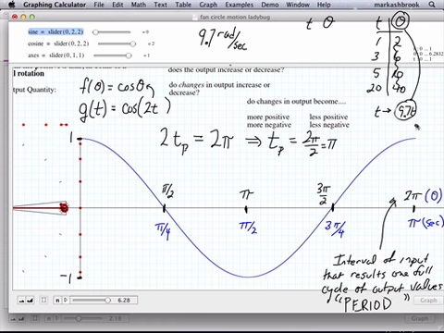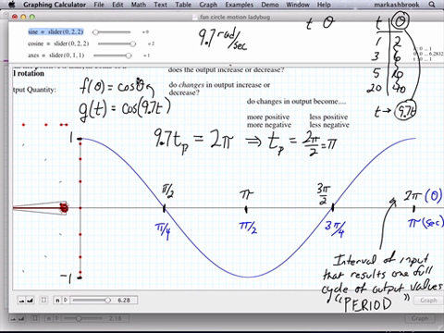We'd have to redo those. Okay, and then our g function would be cosine of 9.7 t. And now to get the period, 9.7 t is the angle. So the particular value of time that corresponds to an angle of 2 pi would be our time period.